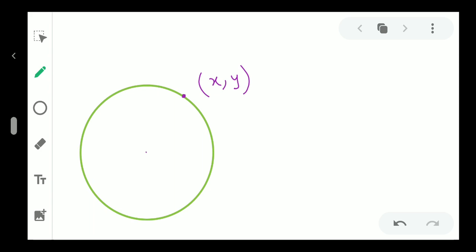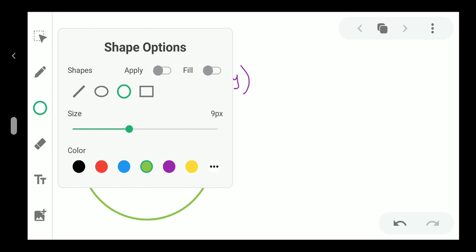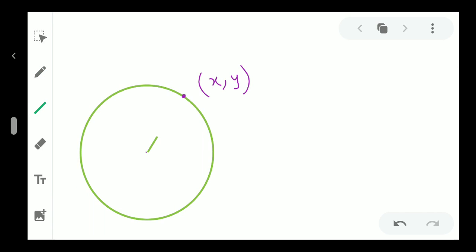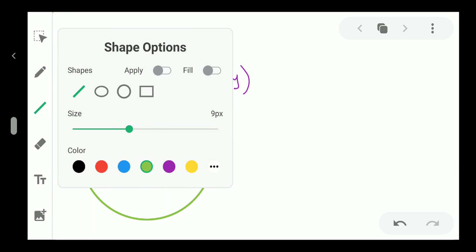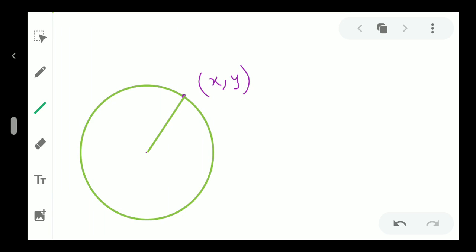Or I can define this position like this also. This is the r, and this is making an angle theta with my horizontal axis. So this is my horizontal axis, and this is my vertical axis.